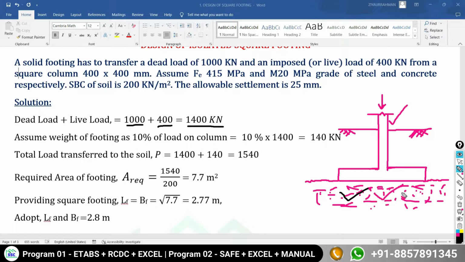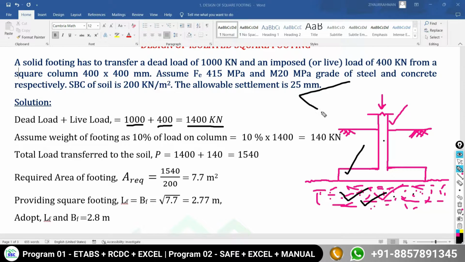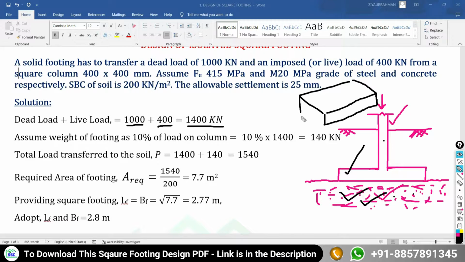In actual fact, the soil mass is subjected not only to the load coming from the column, but also to the self weight of the footing. We need to calculate the self weight of the footing, which is imposed over the subsoil. For that we need to know the dimensions of the footing slab.